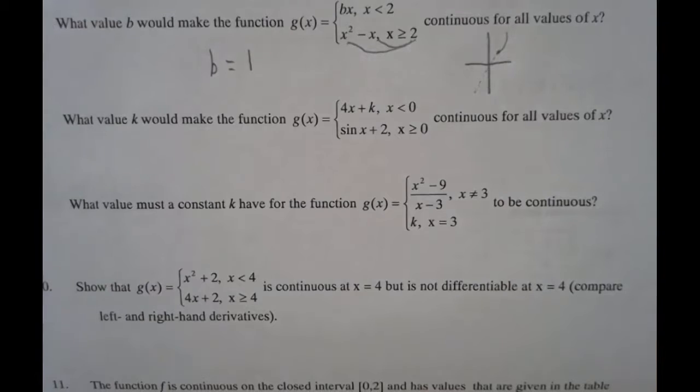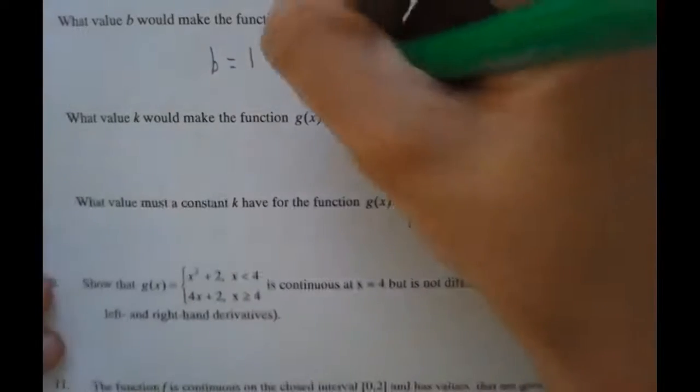Because x is greater than 2, just to find the next point. I plugged in 2. What's 2 squared minus 2? 2 squared minus 2 is 2. Perfect. So the bottom part of the piecewise equals 2. That's correct. In order for a function to be continuous, the left and right hand limits and the function value must be equal, right? So g of 2 is equal to 2. Write down g of 2 equals 2.